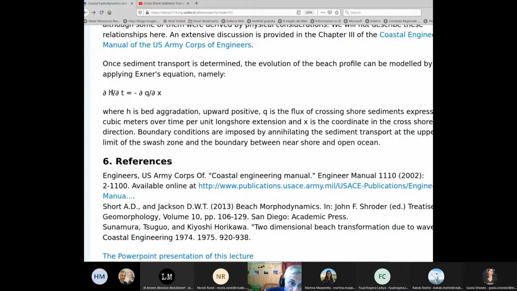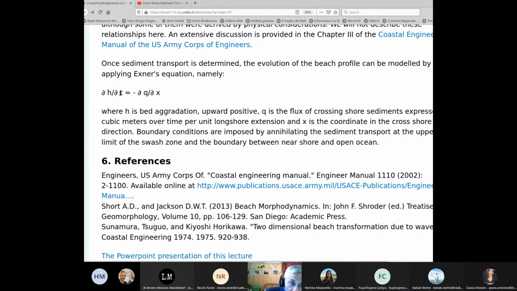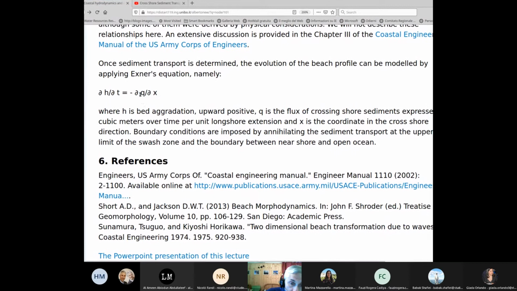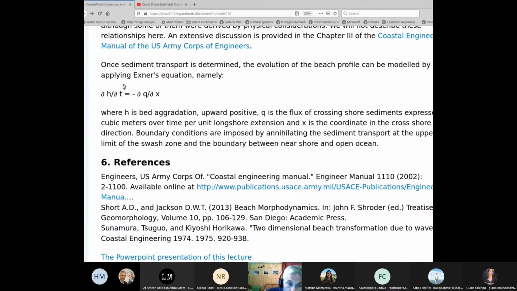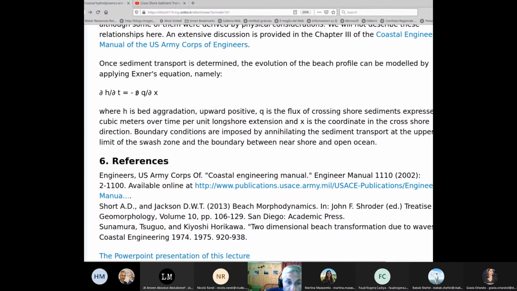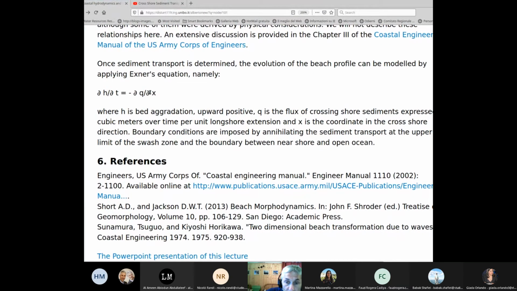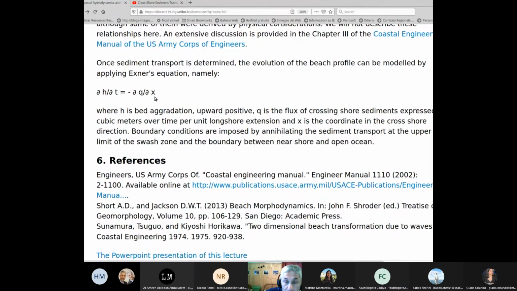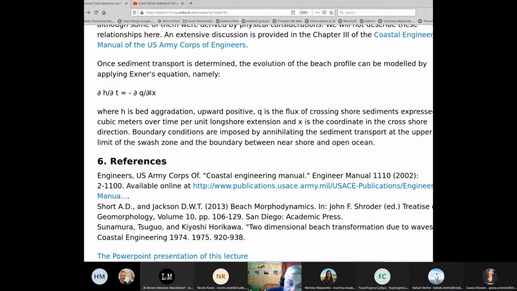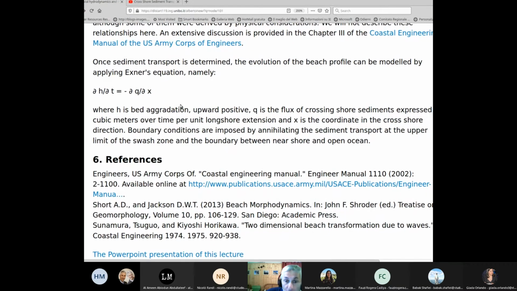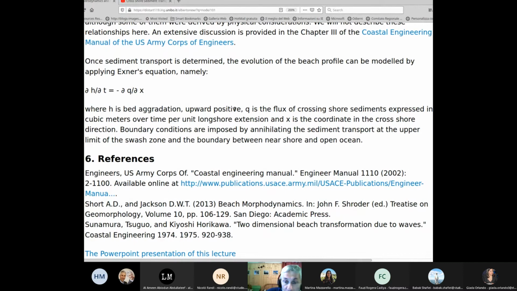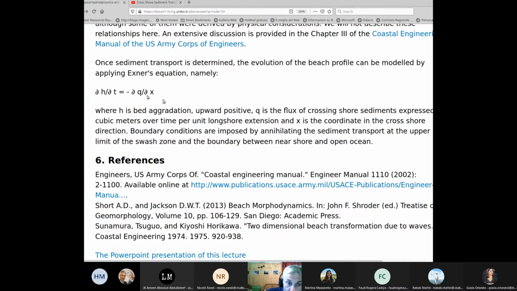So the partial derivative of the elevation of the seabed with respect to time is equivalent, upward positive, to the partial derivative with respect to the cross-shore direction of the flux of cross-shore sediments.